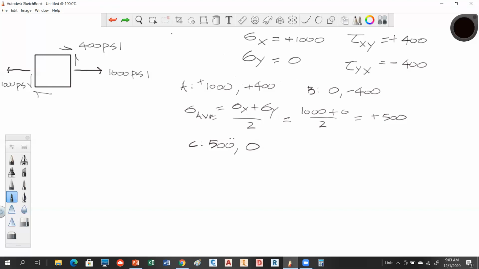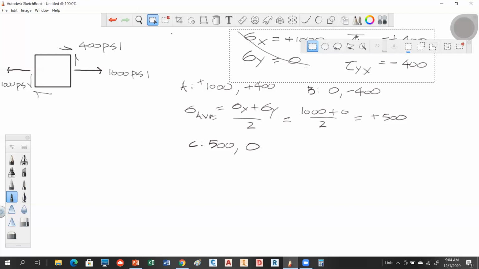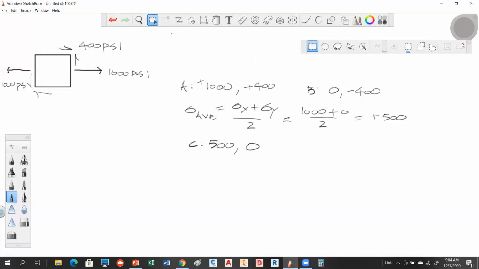Okay. So I'm going to do something up here. Let me erase these real quick. Whoop, that's not what I wanted to do. Let me erase these and move this stuff because I'm going to need room to show you what's going on here. So I'm going to put A up here.